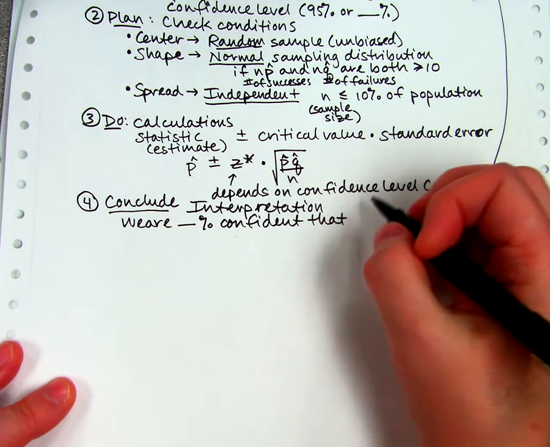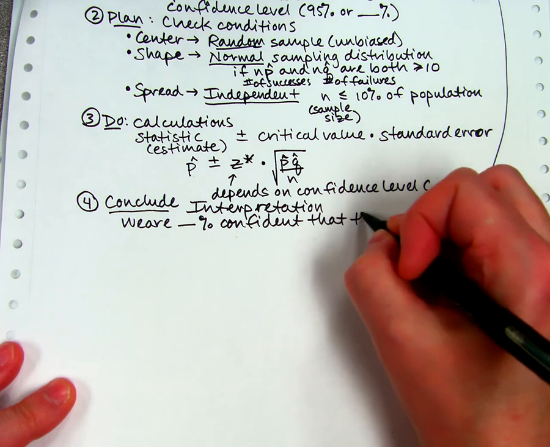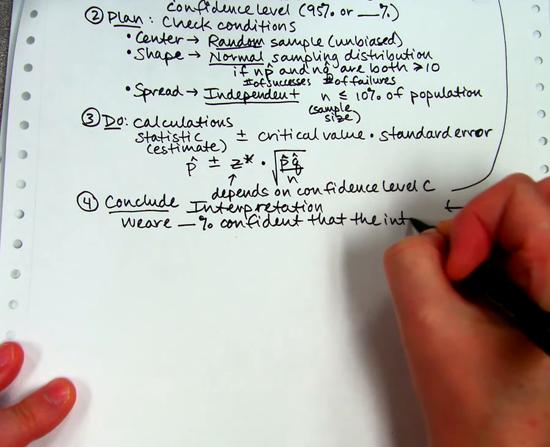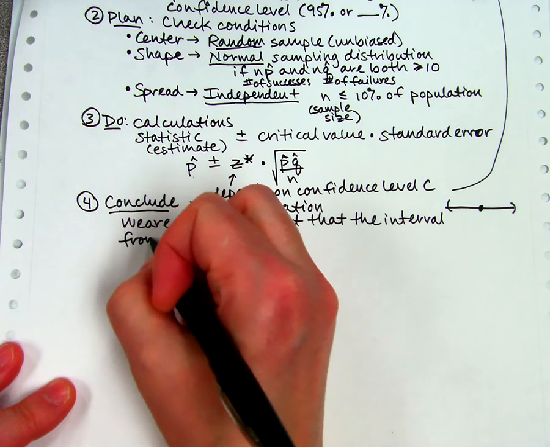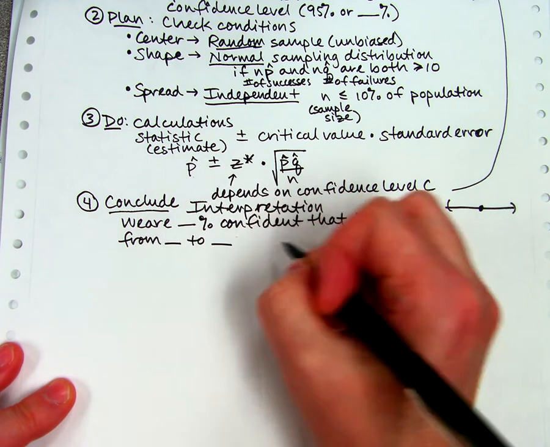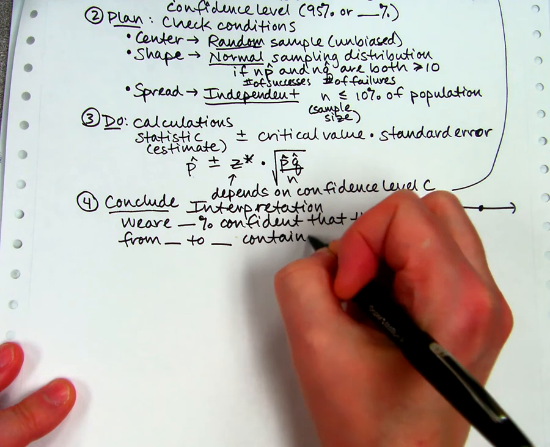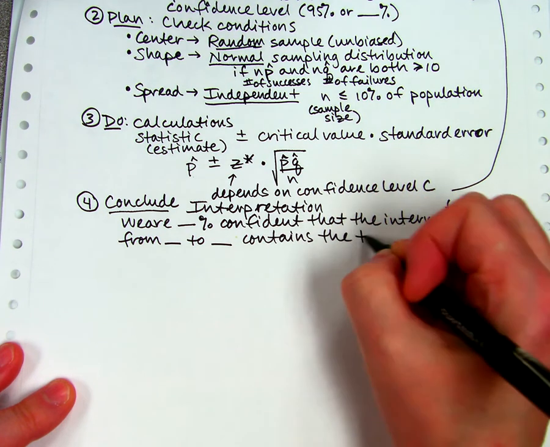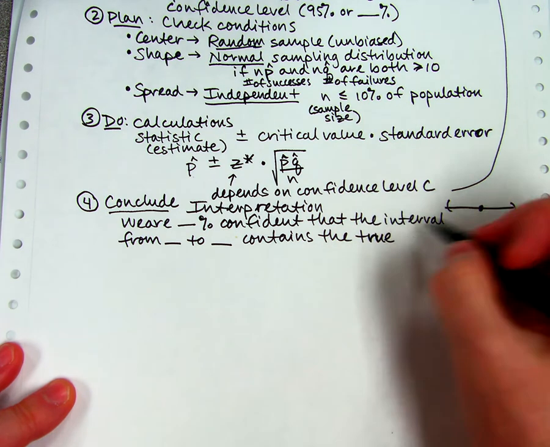So we are 95% confident, or however confident we are, that the interval we just calculated, and we're going to use the numbers from what number to what number, contains the true proportion. I have to write this carefully because everybody always asks me what word that is.